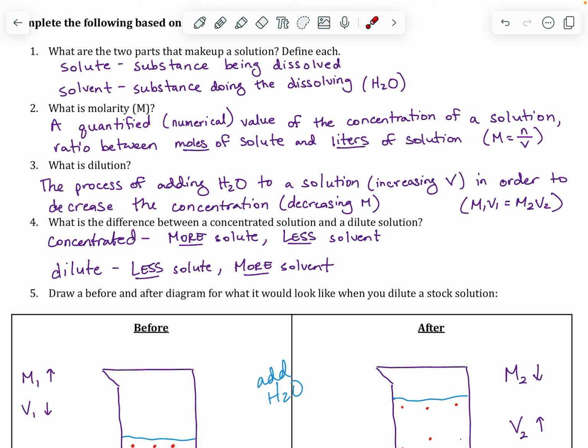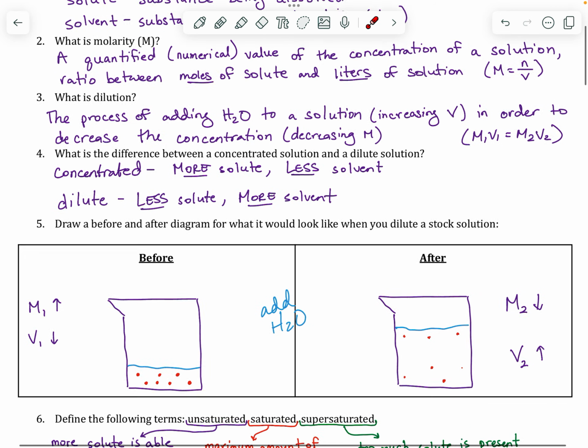And so there was more solvent. You were adding water that was watering it down, which didn't necessarily change the amount of solute that was in there, but it changed the concentration, because there was now more solvent available to dissolve those solute particles.